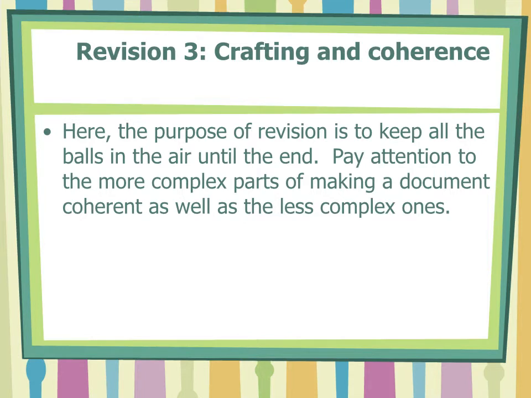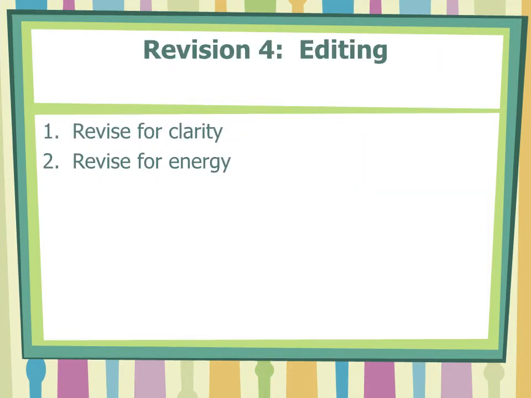Revision 3 is pulling it all together and making sure that there's a golden thread and that all the sections and paragraphs link together. And then the final stage of revision is editing, and this is where you get down to the language and to the sentences and words. And I would suggest 2 different kinds of editing.